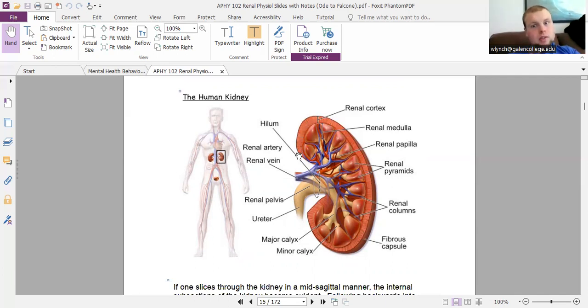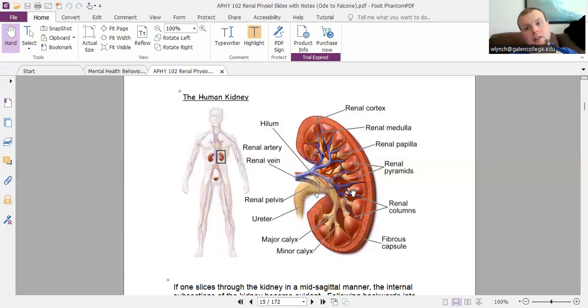Then we have the pyramids of the kidney, which are each one of these individual lobes. And each one of these individual lobes is comprising what is known as the renal medulla. At the bottom of each lobe, we have a small opening, which goes into what we call a minor calyx. And the opening at which the lobe goes into the minor calyx is going to be known as the renal papilla.